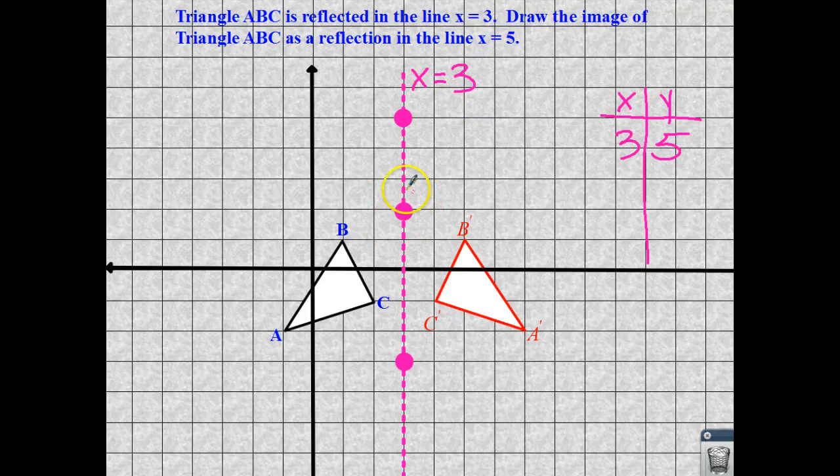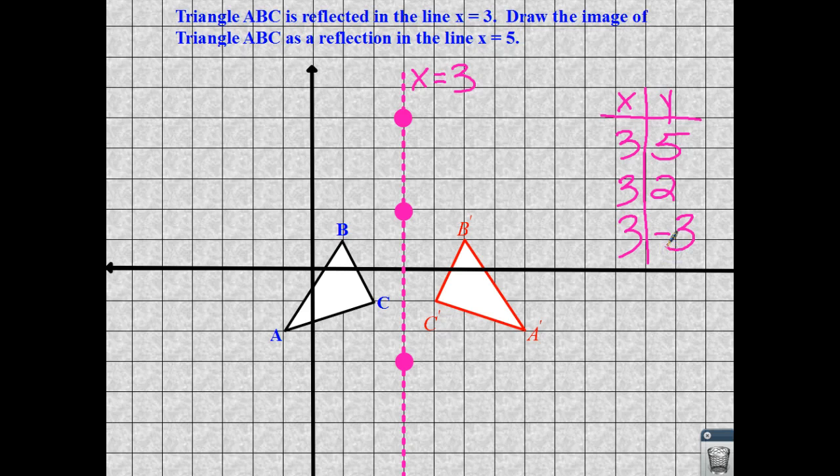Let's take this ordered pair, 1, 2, 3, and then I go up 1, 2 on my y coordinate. And then let's just take this one down below the x-axis. We go 1, 2, 3 again, and then I go down 1, 2, 3 to get the y coordinate.